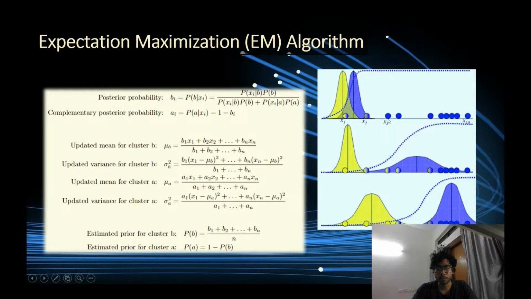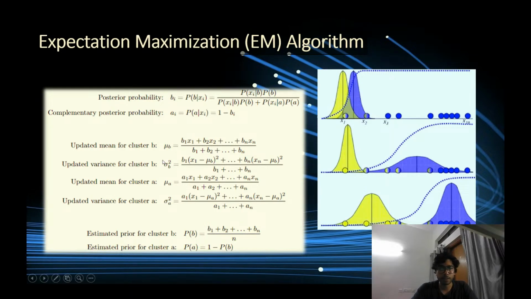The bi value for these points on the right side will be higher, and therefore the mean of the blue Gaussian will be shifted towards the right, because there are more points which have higher bi's on this right side. So in the next iteration, the blue Gaussian is shifted towards the right.